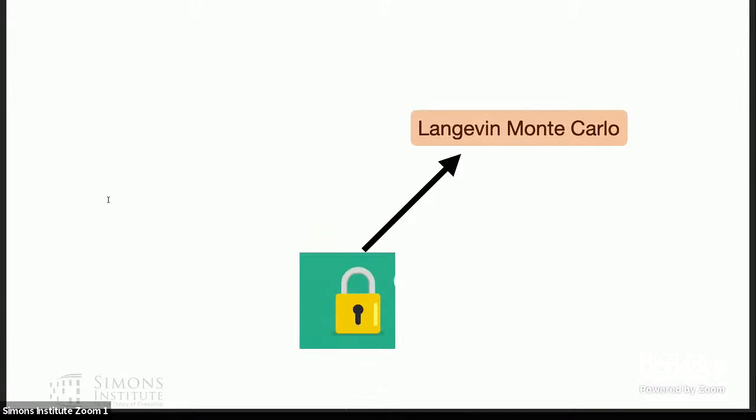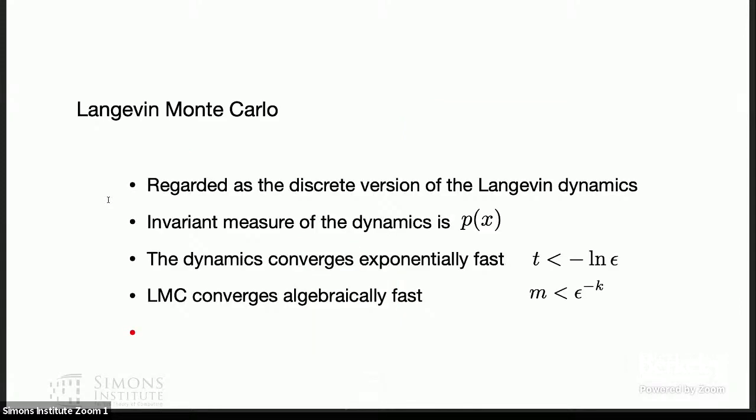So let's quickly go over the concepts. Langevin Monte Carlo can be regarded as a discrete version of Langevin dynamics. That is to say, you write down the stochastic differential equation, whose invariant measure is your target distribution. You develop these terms very strategically, and you exponentially converge to the invariant measure. Langevin Monte Carlo is a discrete version of it, so ideally it exponentially converges to the invariant measure as well, up to the discretization error.